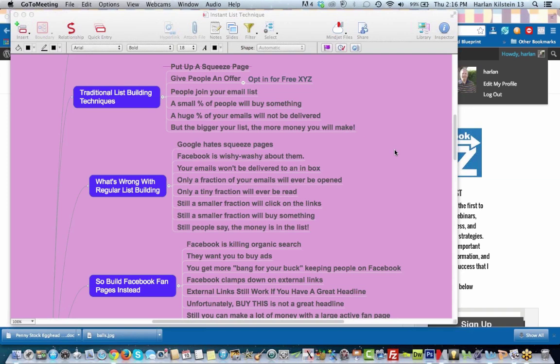Now, when you're using your email list, we've already talked about that there's a good chance that your emails will not be delivered to an inbox. Sandra's in the other room, she can nod or tell me if I'm wrong, but people who sign up for our lists, typically on Aweber, tell us that they've never received an email from us, even when they've paid for the program.